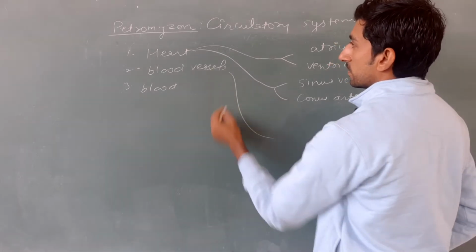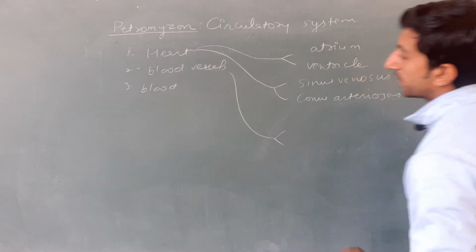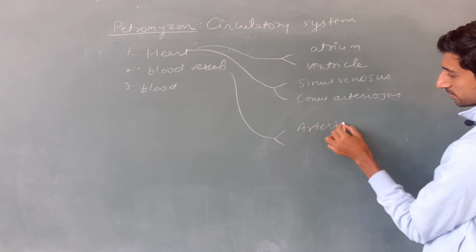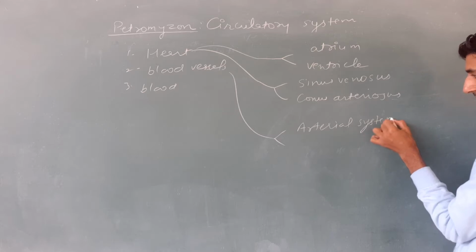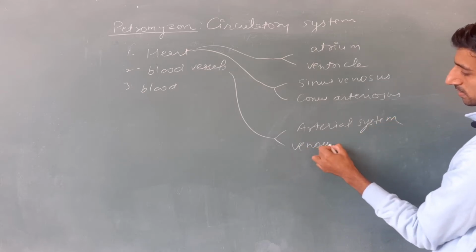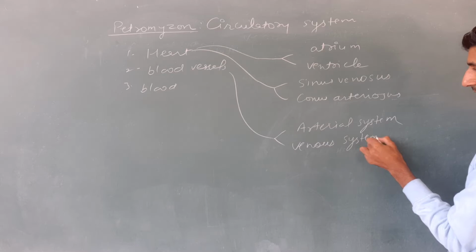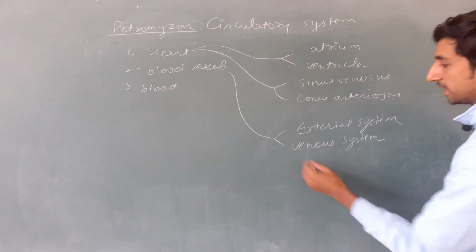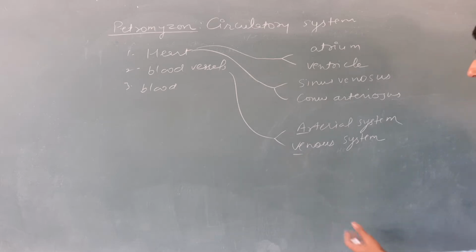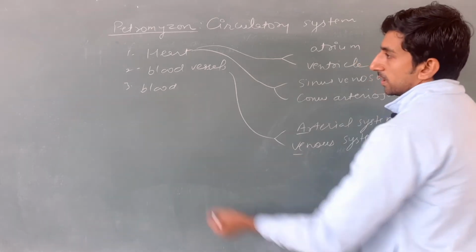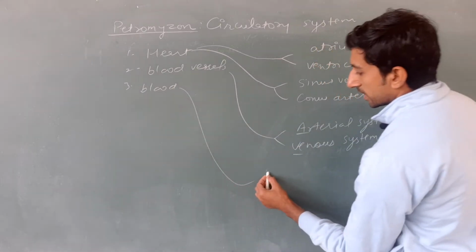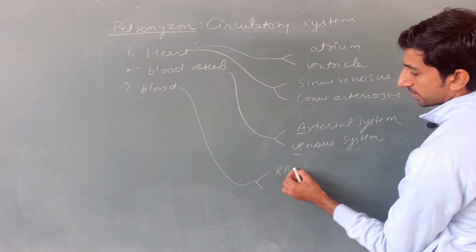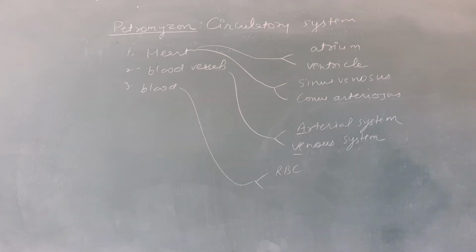Blood vessels of this Petromyzon comprise the arterial system and venous system. Arteries always take blood away from the heart and veins carry it back to the heart. Blood has two components, the RBCs or red blood cells or red blood corpuscles, and WBCs.